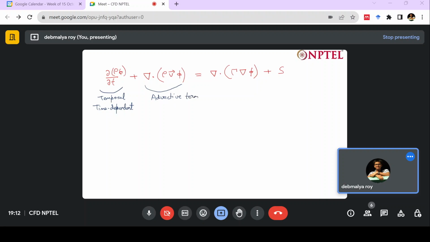Or you may combine these two on the left hand side, and together you can call it the inertial term. So this whole thing is a transport equation, a general transport equation.